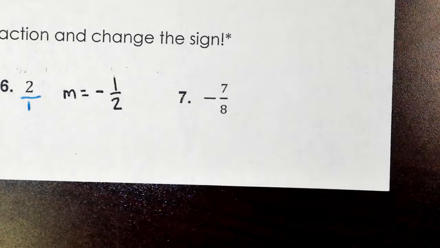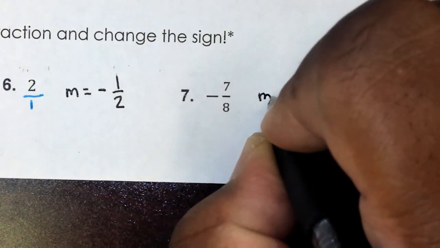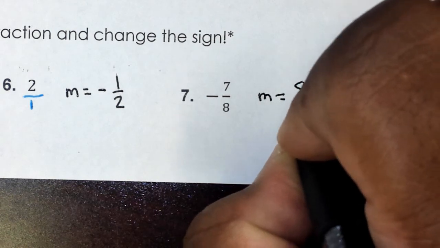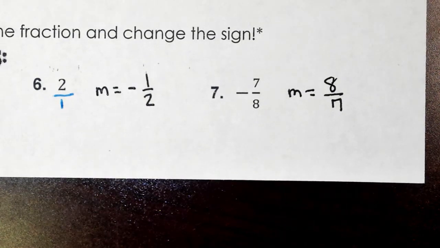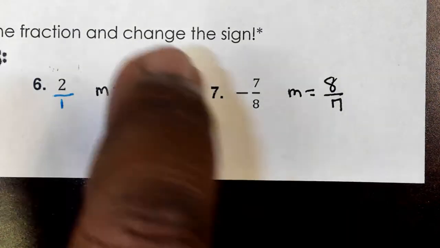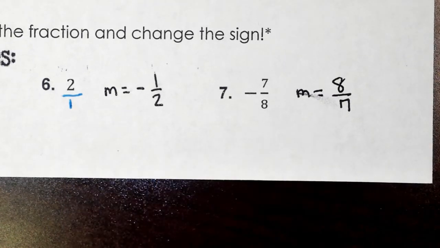Ty, number 7. Say it louder. 8/7. This is you flipping slopes, prepping that to be perpendicular. You're going to have to do this, especially when you write slope equations, especially tomorrow. Make sure you understand this little simple concept of flipping and changing the sign.